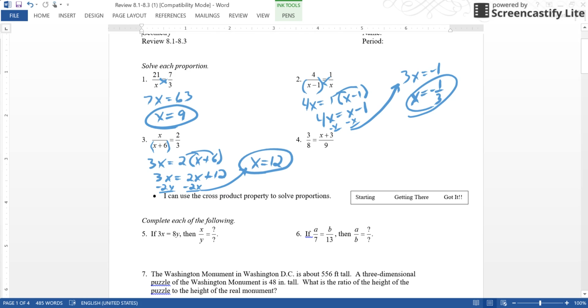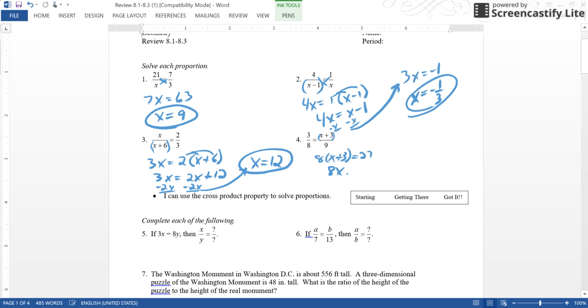Okay. Again, put those parentheses around there. I'm going to get 8 times x plus 3 equals 3 times 9, which is 27.